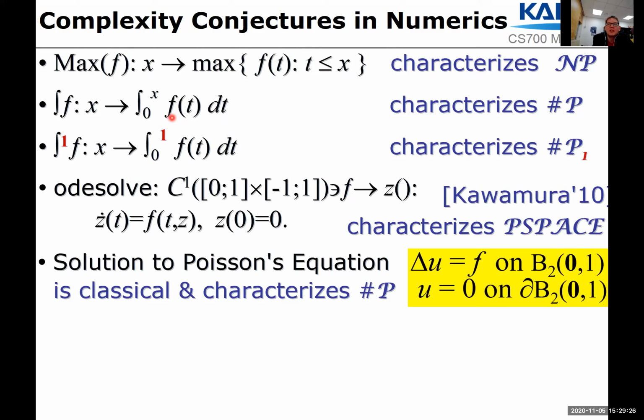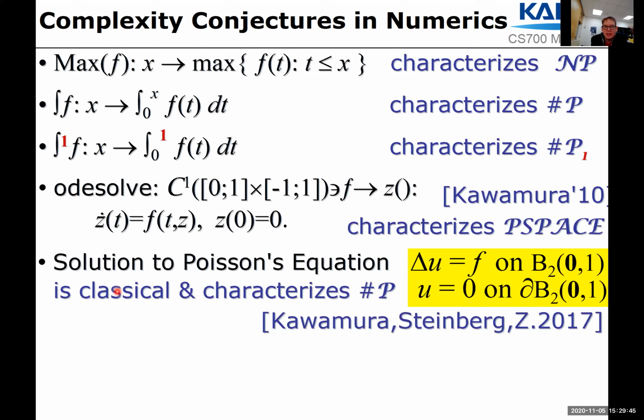So it's not that hard, but it's also not that easy. And an important part of the statement also is that the solution is a classical one, which I will say more about in the next slide, where we actually establish that statement of Florian Steinberg from his PhD thesis.